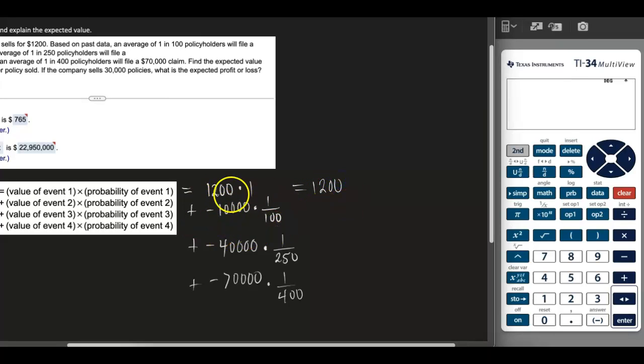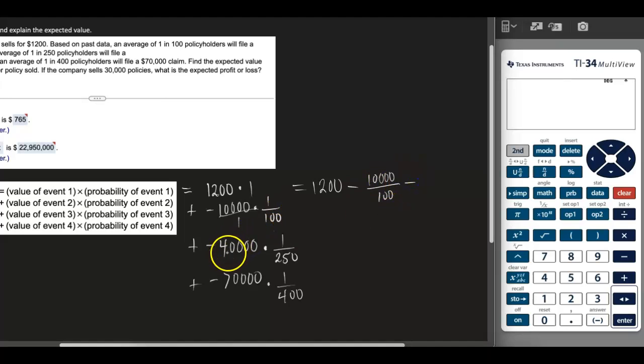And one of the things I'm going to do in my calculator is, because I'm adding a negative every time, I'll just use the subtraction key. And one more thing I'll do is, because I'm multiplying a whole number times a fraction, I'll just go ahead and multiply these together as 10,000 over 100 like this.